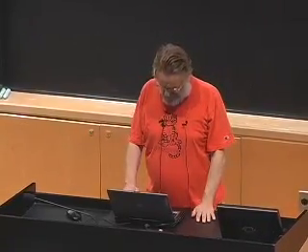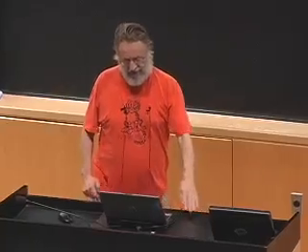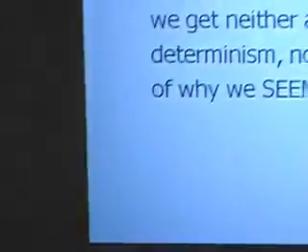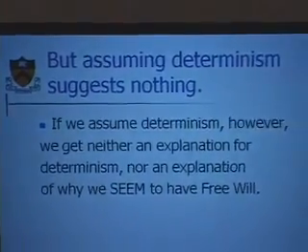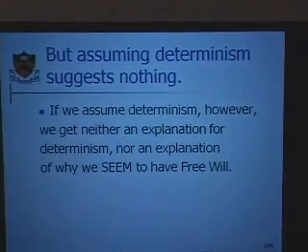Whoops. Okay. So let's play the opposite card, so to speak, the card from the other side of our heart. What does assuming determinism suggest to us? Nothing, basically. Determinism is determinism. Everything is the way it is, and it couldn't be anything else.